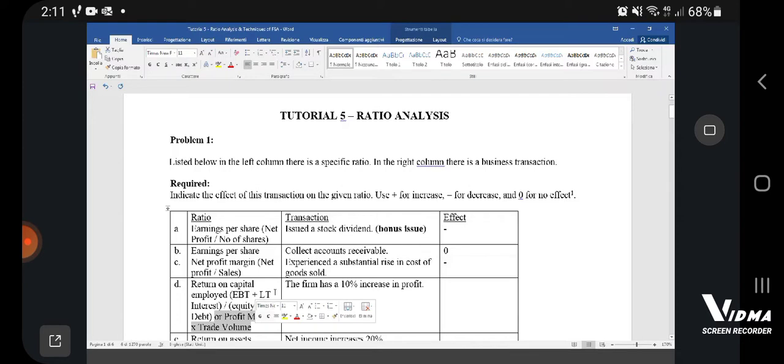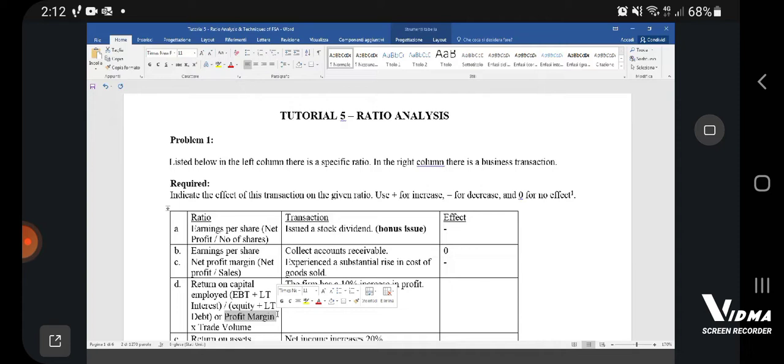If return on capital employed is composed of two elements, one of which is the profit margin, and the profit margin is increased by 10%, how will the return on capital employed change? I would wonder if the 10% increase in profit has caused any change in the trade volume, because if the trade volume decreases by more than 10%, then the two ratios together, the ROCE, may not be increasing.